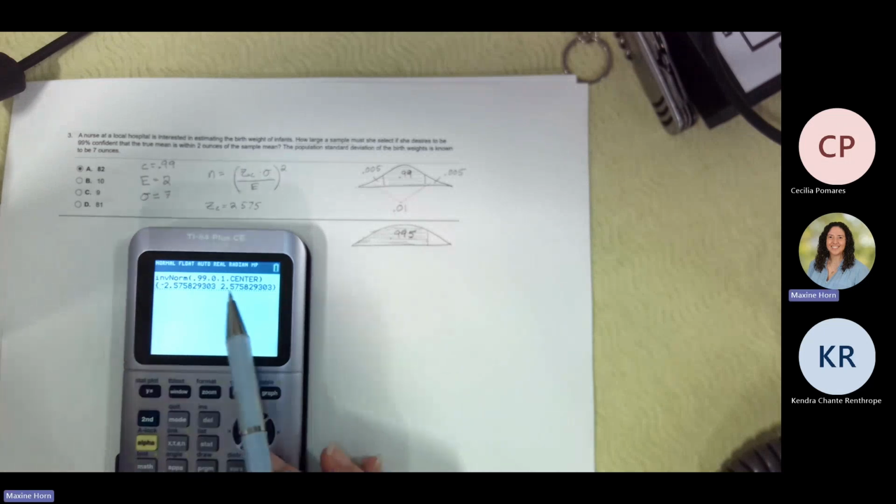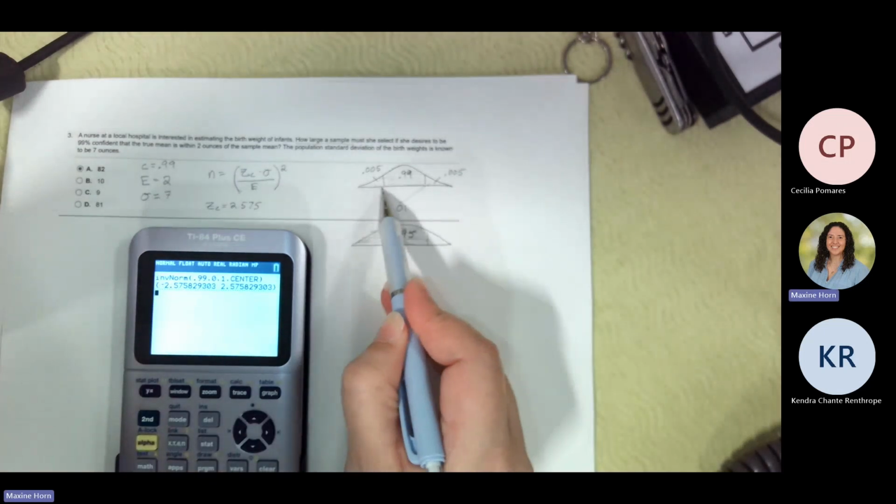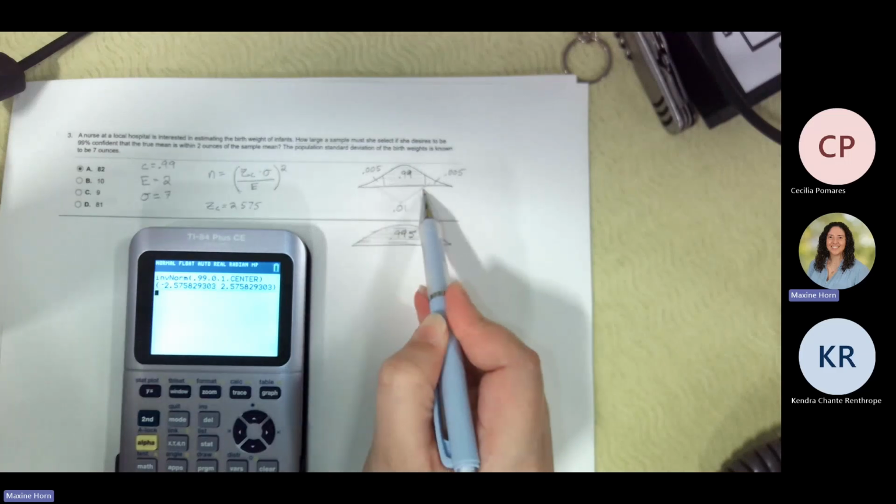So the area in the center of 0.99. We can specify that we want it to be in the center, right? And we're getting 2.575. Now it's also giving us the negative value, right? It's giving us this z-score and this negative z-score, but we're just going to use the positive.